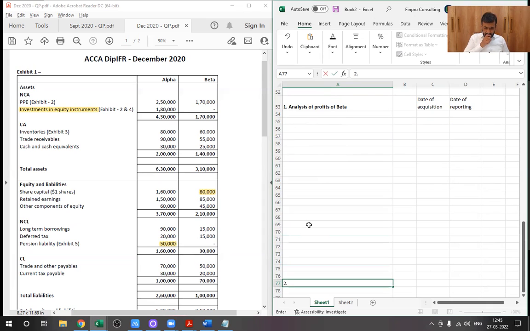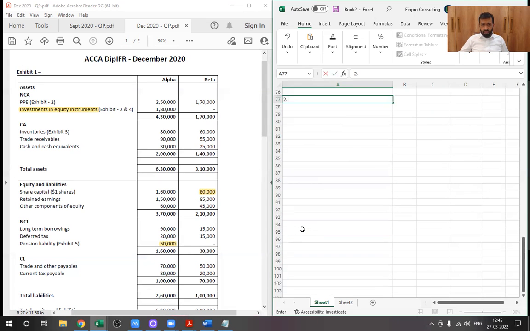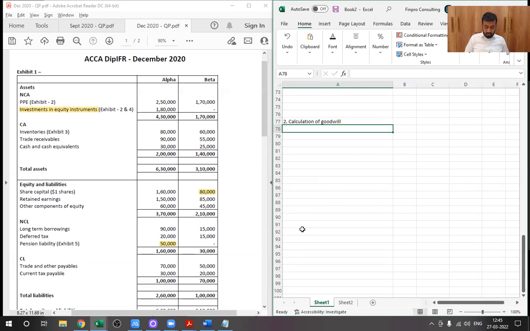And then go for the second one. What is the second note we talked about? Calculation of goodwill. This will have adjustments in purchase consideration, impairment of goodwill related adjustments. So again, we will require some space here. Then go for the third, calculation of non-controlling interest.